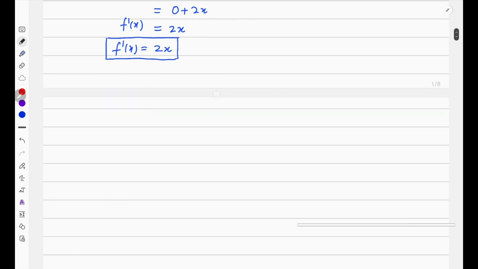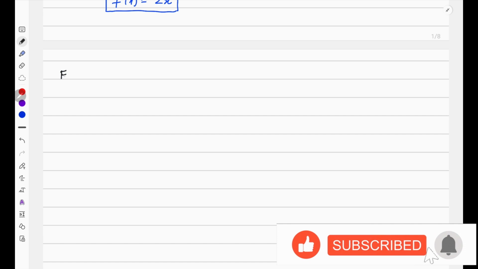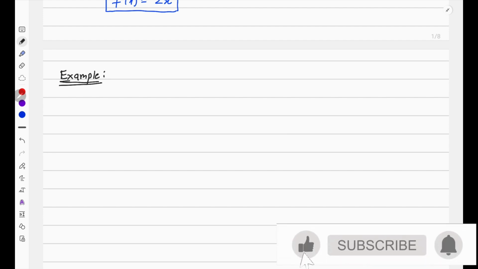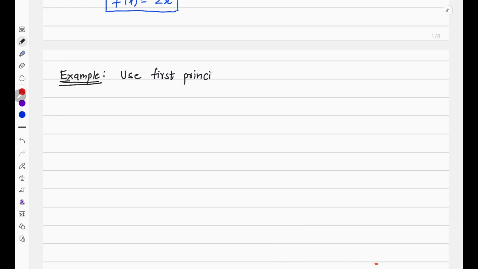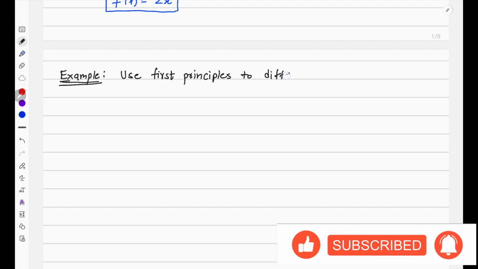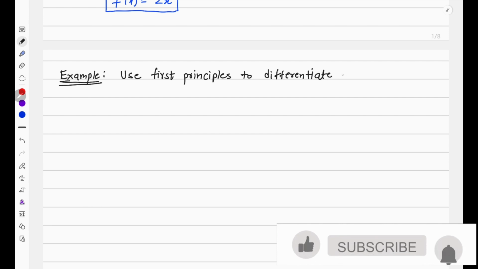Now we are doing one more example. Use the first principle to differentiate f(x) equal to x cube.